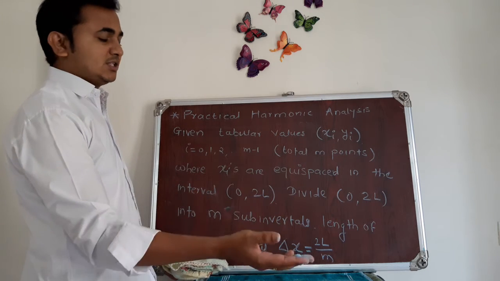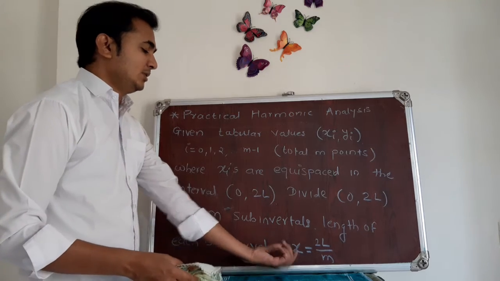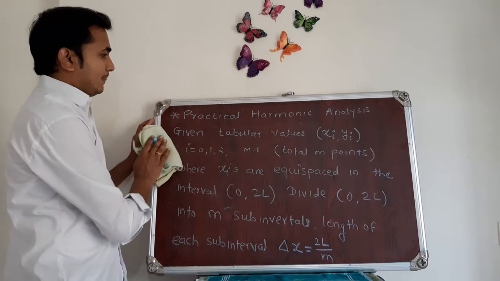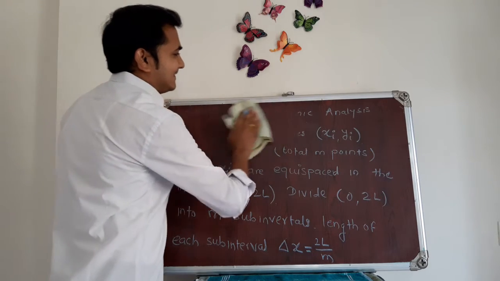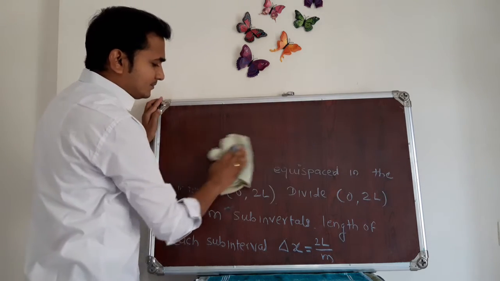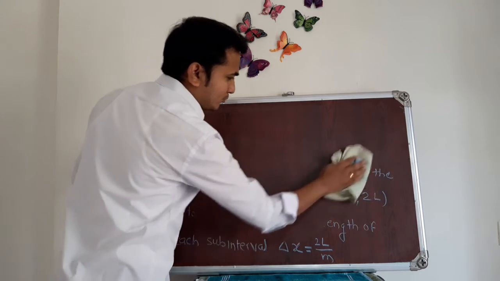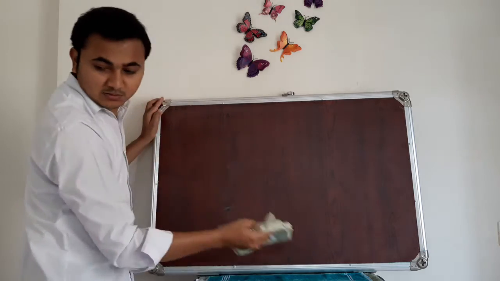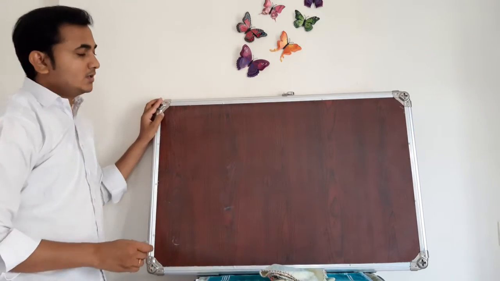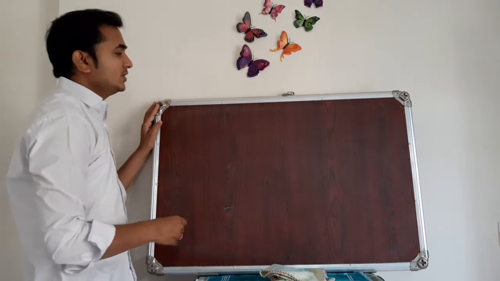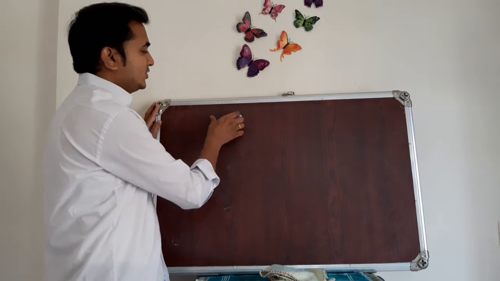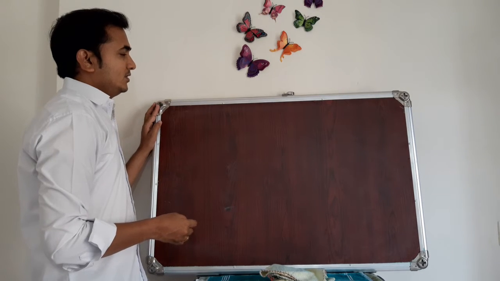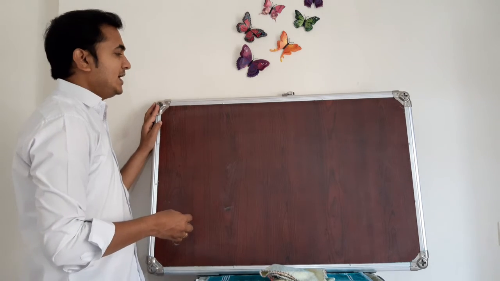That means next value minus previous value is denoted by delta x. So divide 0 to 12 into m sub intervals, and each sub interval has length 12 by m.